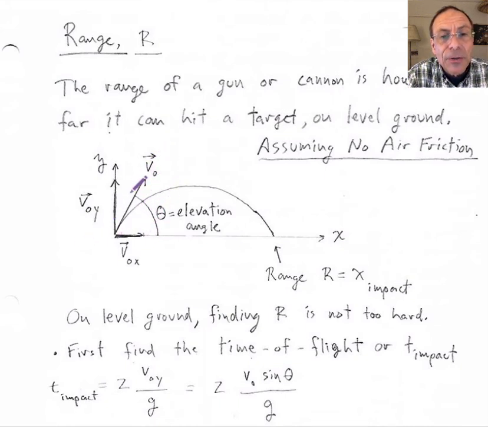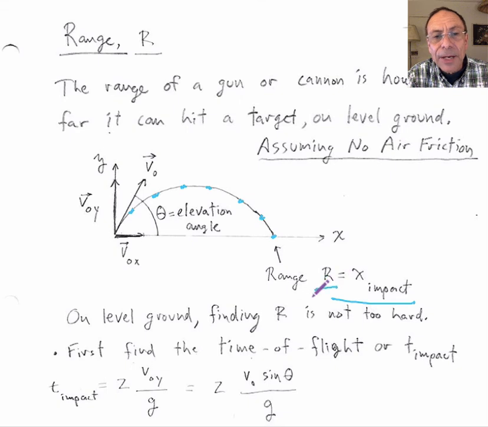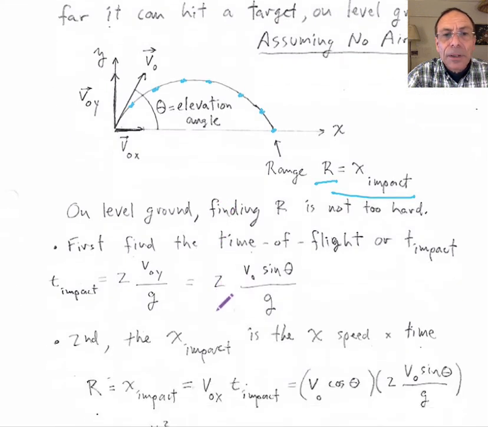Here is our initial velocity, and the cannonball is going to do this path, and it's going to land at a place on the x-axis called x impact, but x impact is known as the range, R. Okay, so let's calculate the range.